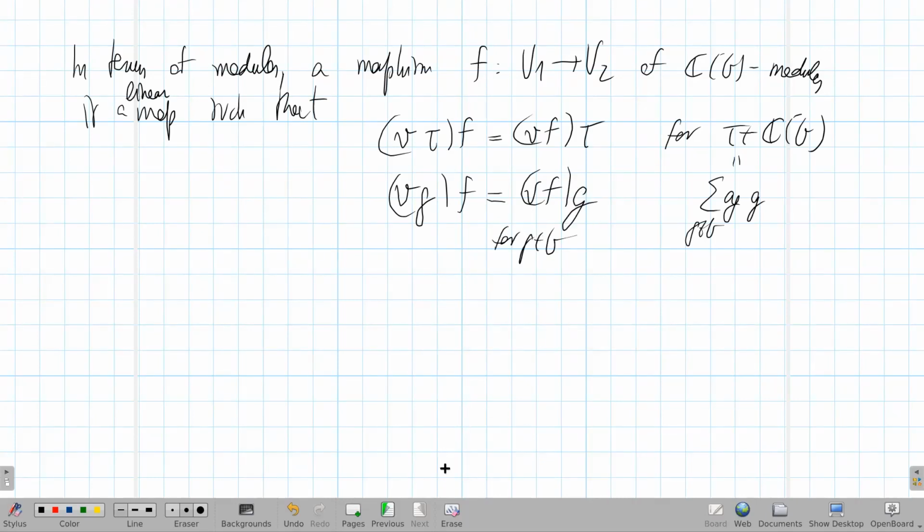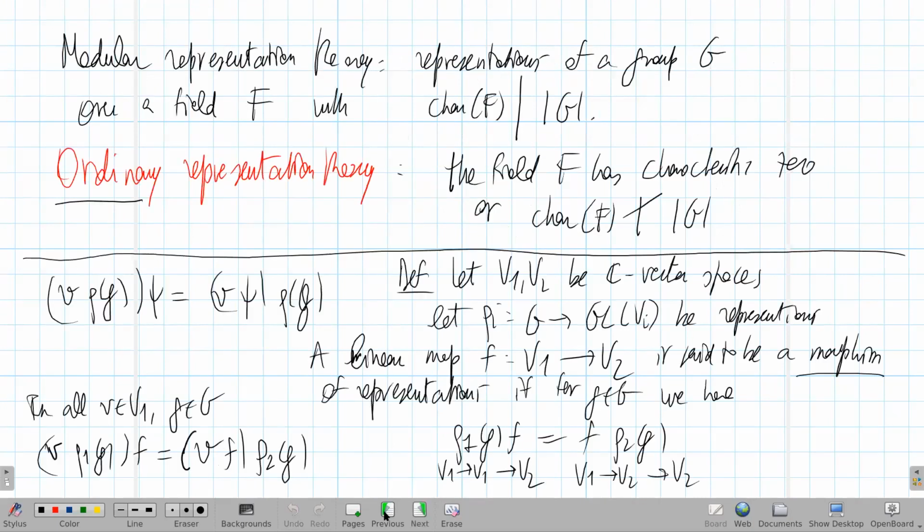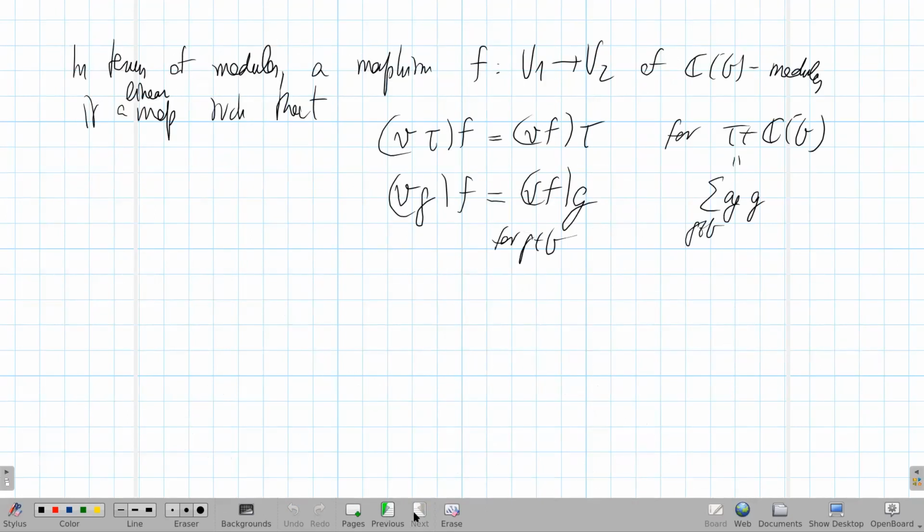The reason why you have rho 1, rho 2 here and not there is because this is understood. When you speak of a CG module, you have this understanding, and here let me use V1 and V2, that V1 g is V1 rho 1 g, and V2 g equals V2 rho 2 g.